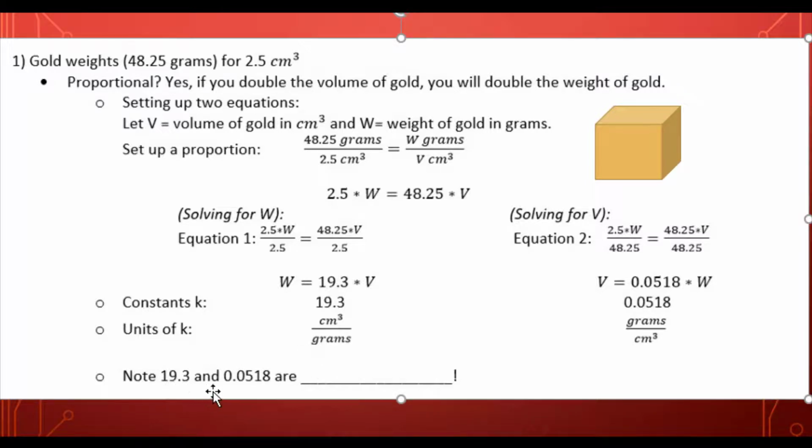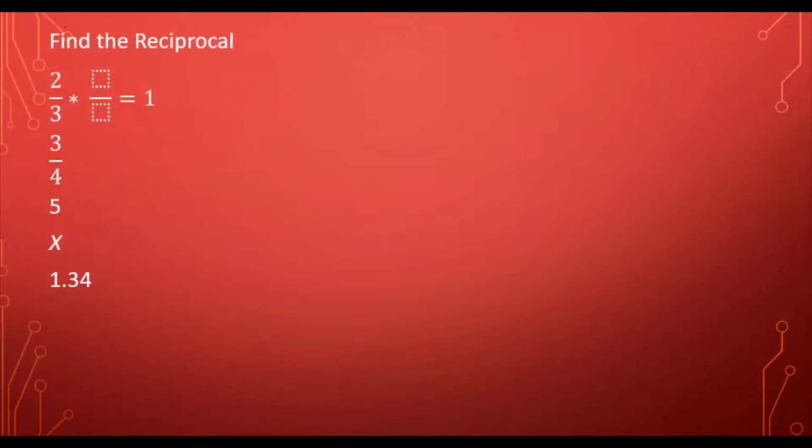Note that 19.3 and 0.0518 are what? Think about that. And if you answered reciprocals, you would be correct. Let's just take a quick look at that. So we're just going to define reciprocal here.